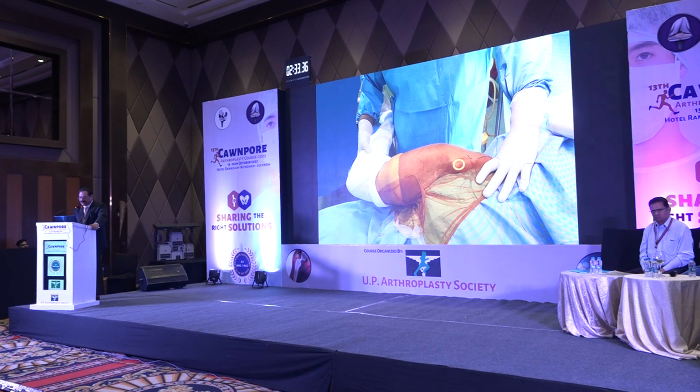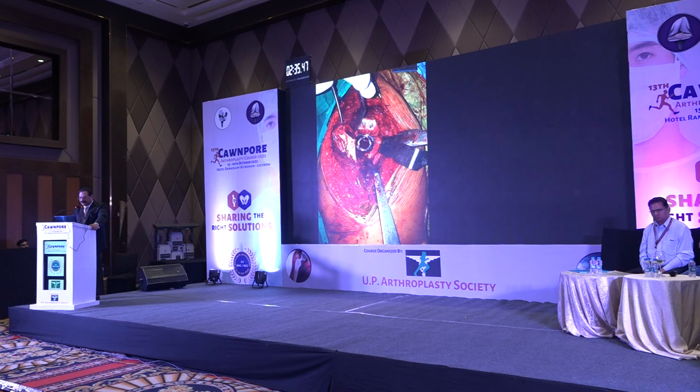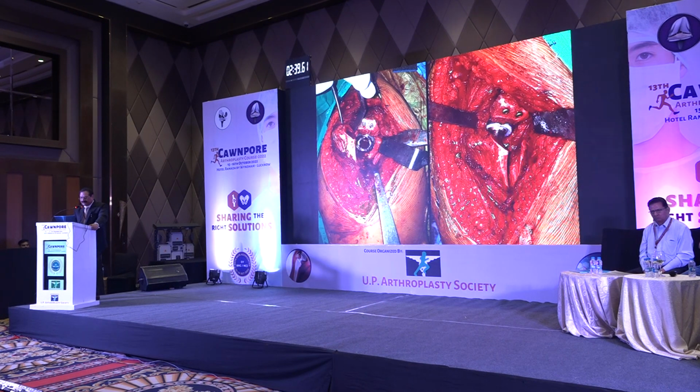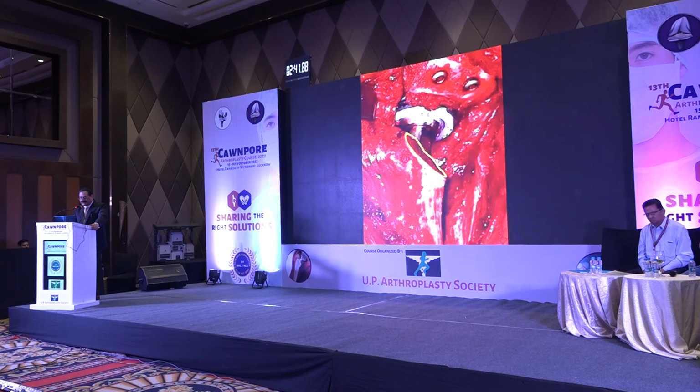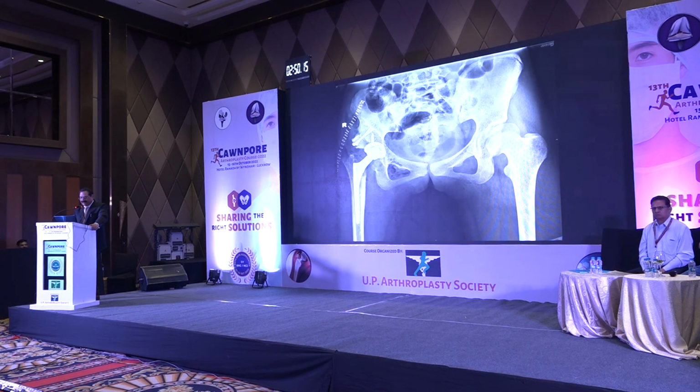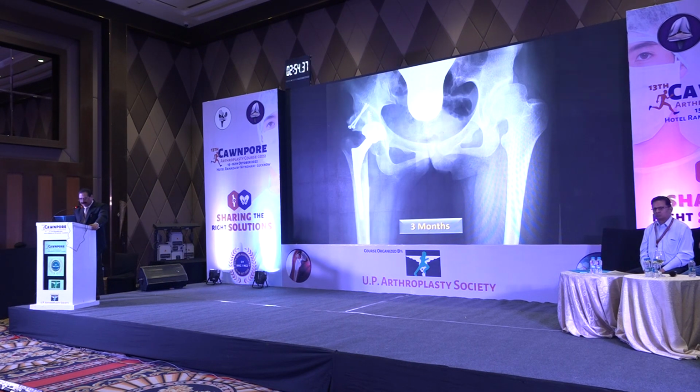The cup restored in its anatomical position using a bone graft. And that's the situation. What Dr. Chatterjee was telling, you can sometimes put the stem in retroversion. This was the native anteversion, which was 70 degrees. That's the X-ray. That's at 3 months. We have restored it to the normal anatomical position by using a bone graft on the top.